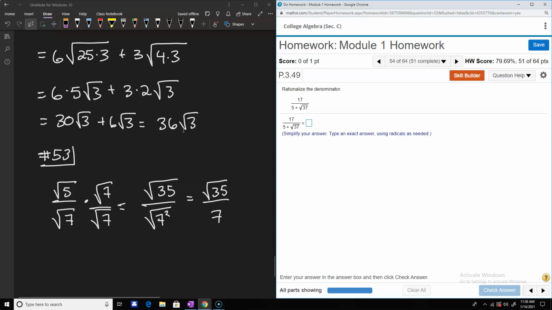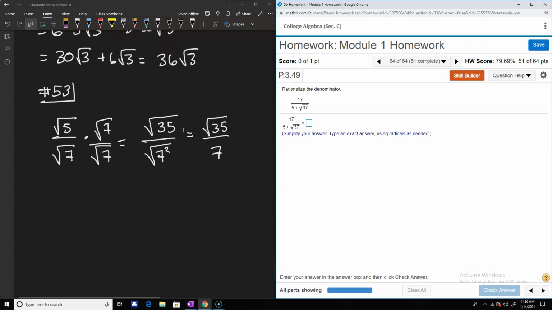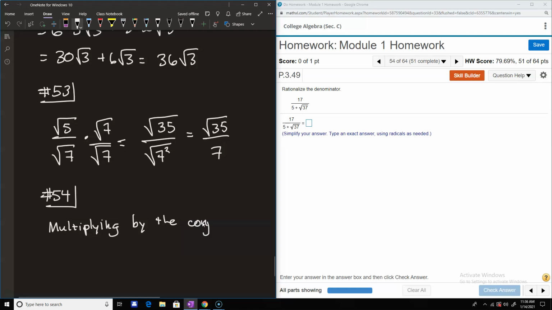Okay. When you have something more complicated like number 54 here, we have to use a trick known as multiplying by the conjugate. This will come up later in factoring as well. So the trick, multiplying by the conjugate, relies on the fact that if you have a plus b and you multiply it by a minus b, you'll end up with a squared minus b squared.